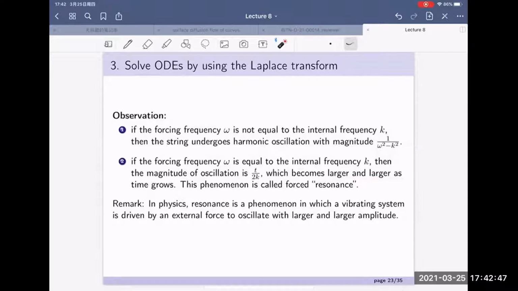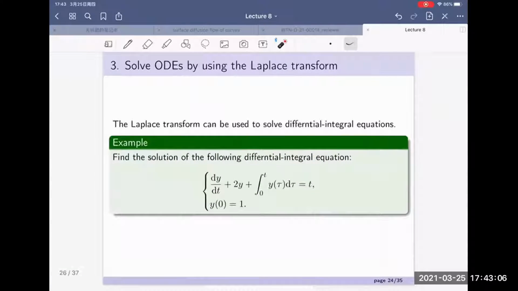This phenomenon is called resonance: a vibrating system driven by an external force oscillates with larger and larger amplitude without control. So that's the example of using the Laplace transform to solve a second-order differential equation.